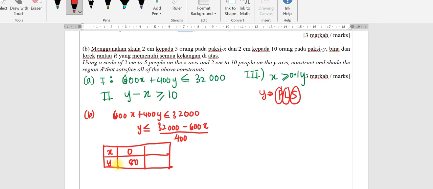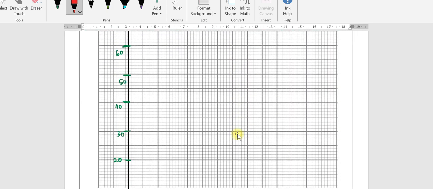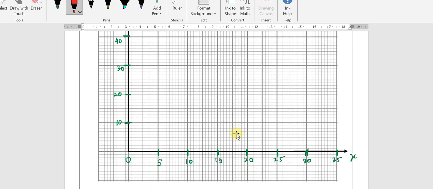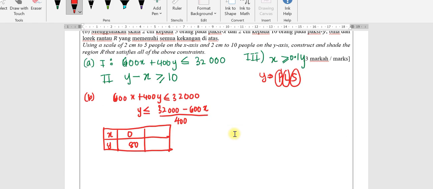For another point, I take x until 35. Maybe if I take 30, what will happen? Is it in the range? Let me check first.